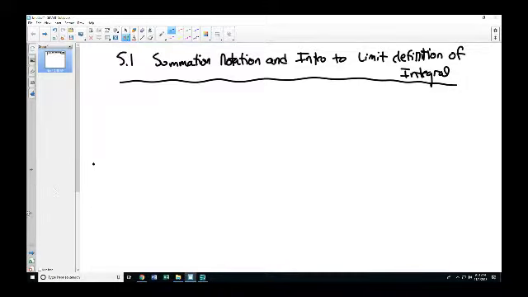Okay, so let's just use an example, and we'll have an interval. Let's see, 0 to 3.